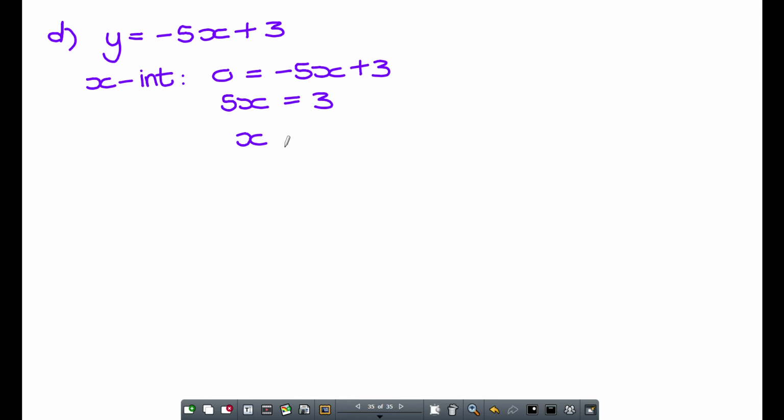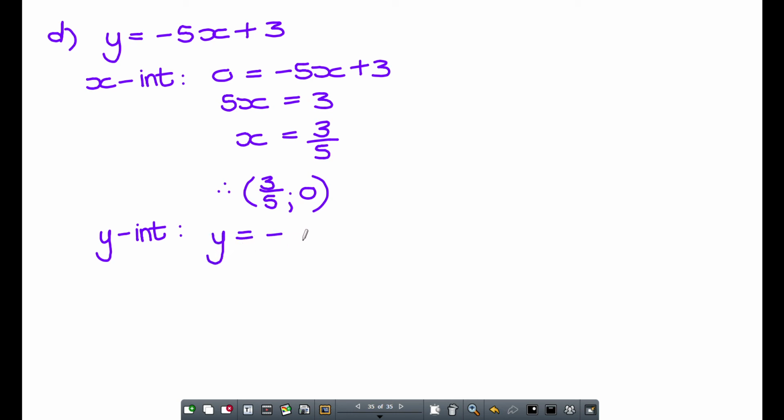I've got to divide both sides by 5 now to get rid of that coefficient. So x will be 3 over 5. Right. To get the y-intercept, I'm going to make x 0. So I'm going to have y is equal to minus 5 times 0, which will still give me 0, and then plus 3. So y will be 3.